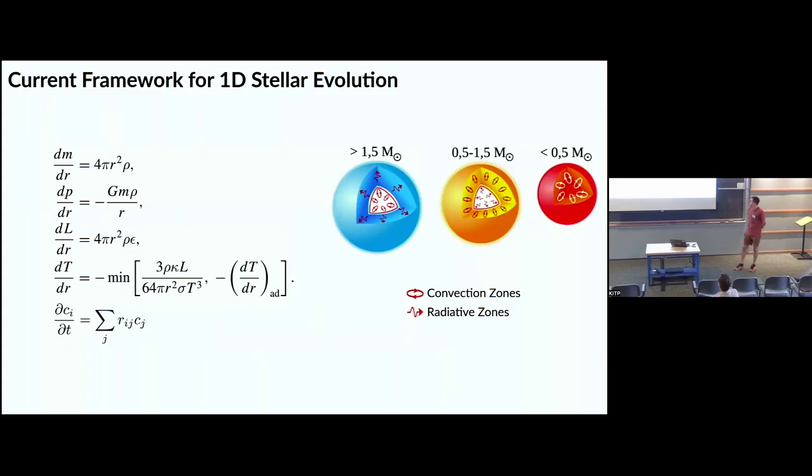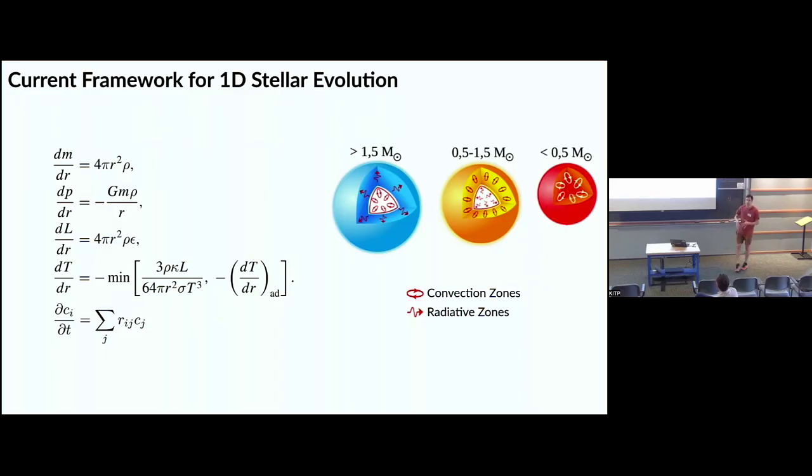And the main summary point I want to make here is that when you solve for the structure of the star, stars end up having these regions that are either convective or radiative. So in the convection zones, the heat flux is carried by turbulent fluid motions, and everything gets very efficiently mixed there. But in radiative zones, the heat flux is carried by photon diffusion, and they're stably stratified.